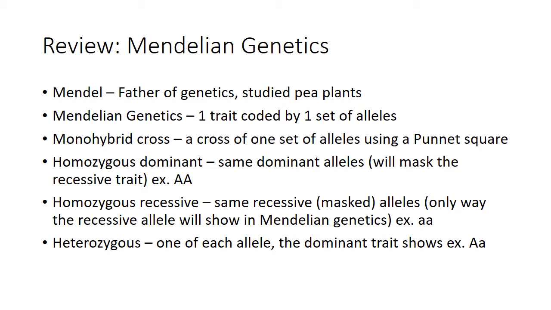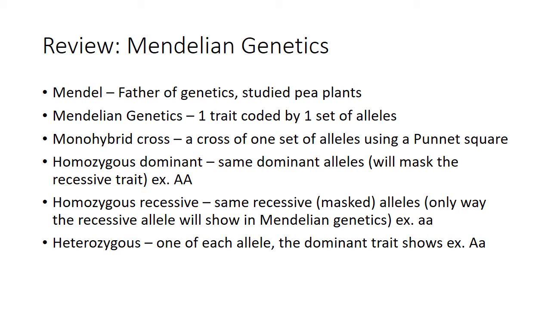So for a quick review of Mendelian genetics, Gregor Mendel is the father of genetics. He studied pea plants in Austria around the 1800s, where he noticed the two laws that he called them, the law of independent assortment and the law of segregation.